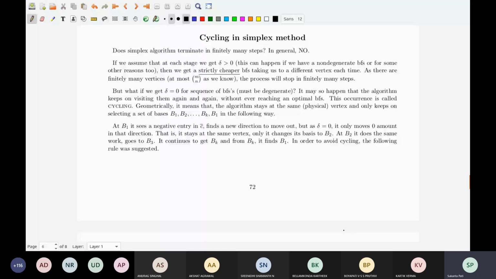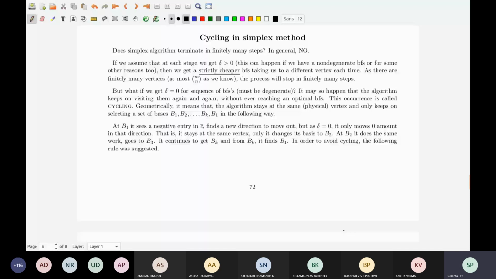So every time, you were at a vertex, and with respect to a basis, the simplex table was formed. Now it found that alpha max is 0. That means it has found a direction to move out, but the amount it moved is actually 0.